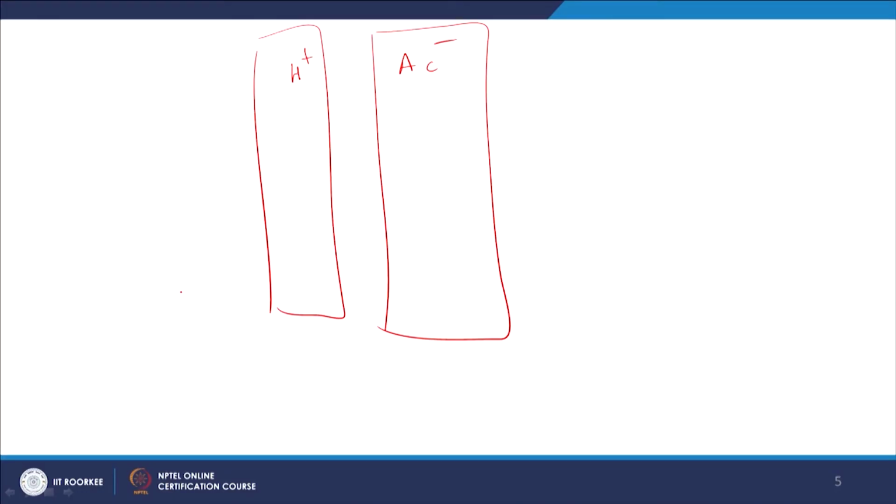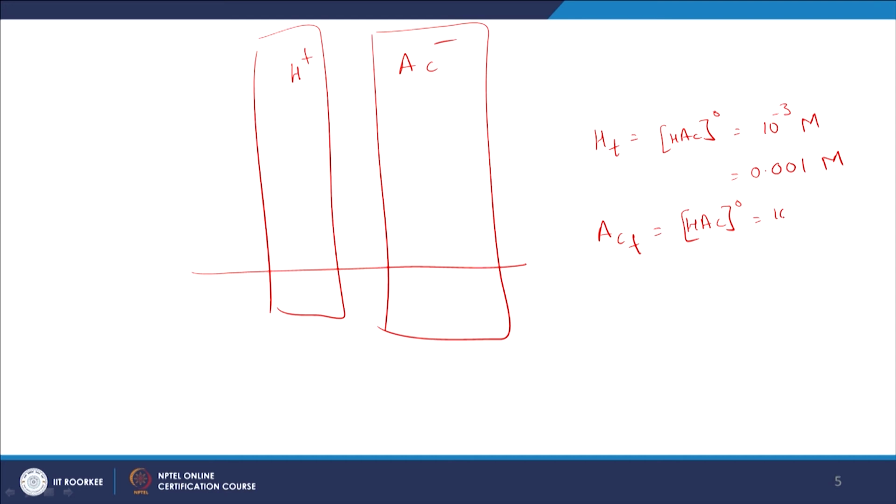As we looked at, H total is equal to HAc naught, which was equal to 10 power minus 3 molar, that is 0.001 molar. Same case with Ac total, which is equal to HAc naught, again 10 power minus 3 molar, that is 0.001 molar.